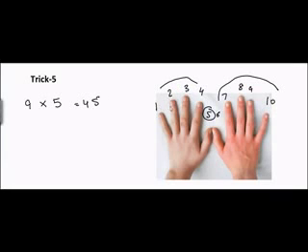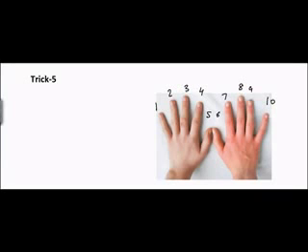Did you see there were 4 fingers here and 5 here? Now if we have to multiply 9 into 2, then in this case we count 1 2. We mark the 2 and we say 1 on this side, and then 1 2 3 4 5 6 7 8, so that will be equal to 18.